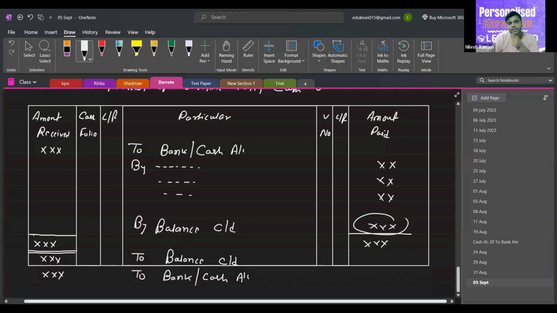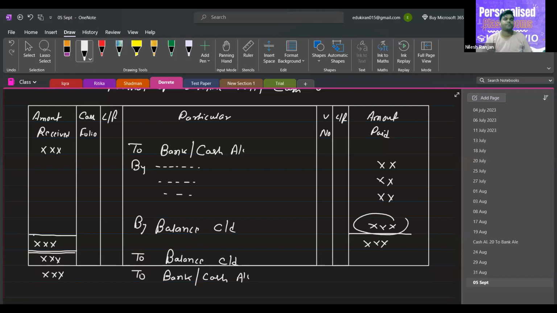So the total will again be the same. So this is your format of simple petty cash. Please write this.